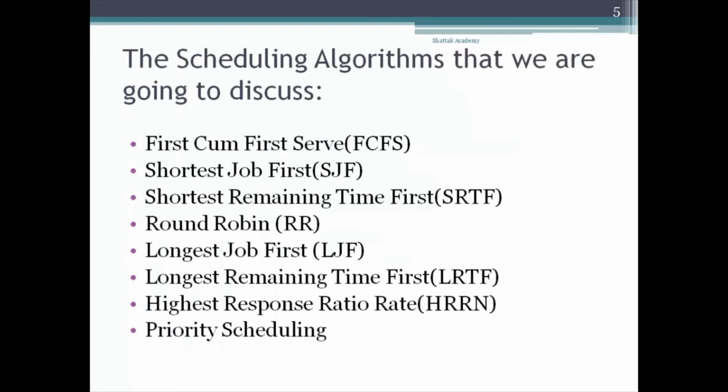Longest job first, longest remaining time first, highest response ratio next, which is going to take a ratio of W by S, that is nothing but (W plus S) by S, that is waiting time plus burst time by burst time, and priority scheduling, which can be a preemptive one, as can already be understood. So these are the 8 scheduling algorithms we are going to see.